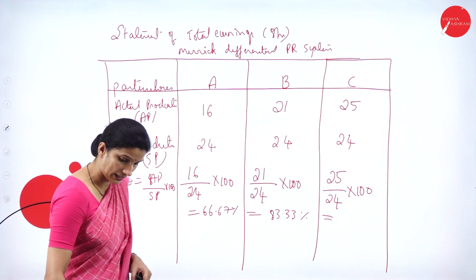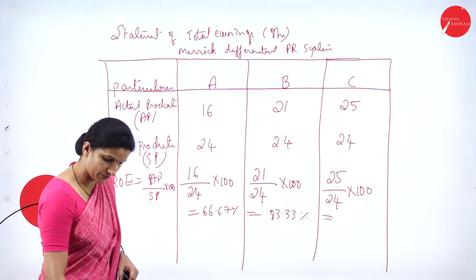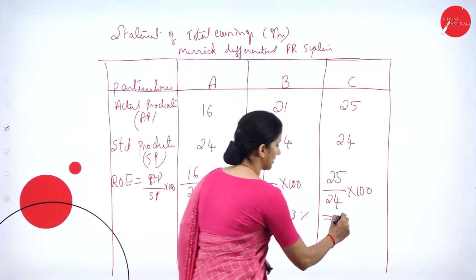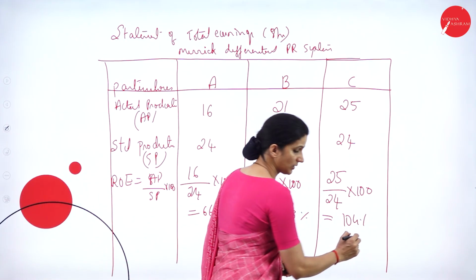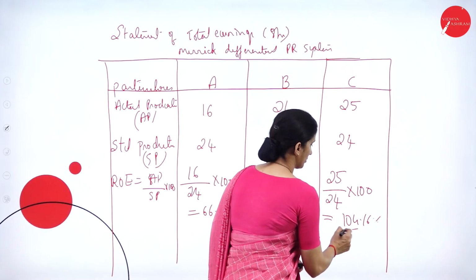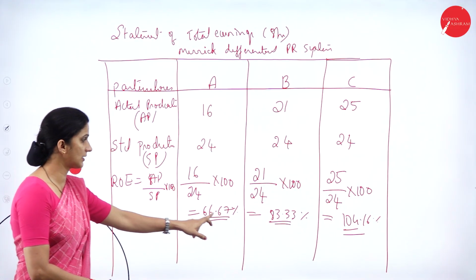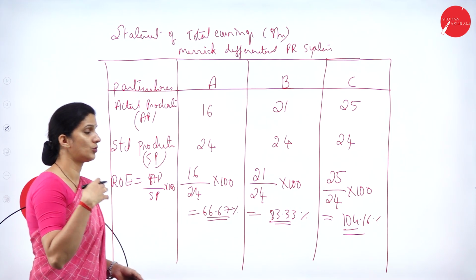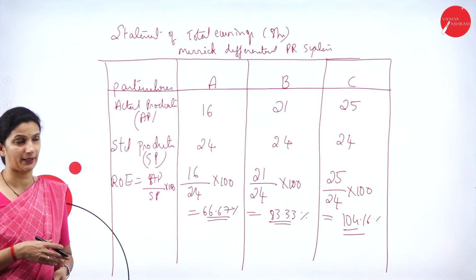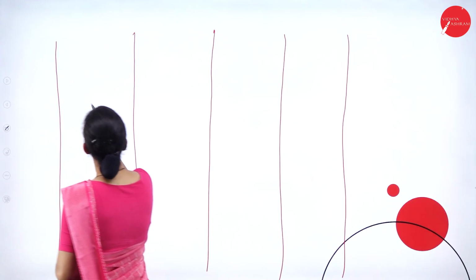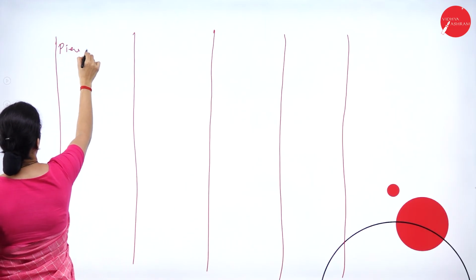And then for C, his actual production 25 divided by standard production 24 into 100, his rate of efficiency is 104.16%. So this is the rate of efficiency. By seeing the rate of efficiency, we need to apply which rate is applicable for them. So the continuation, piece rate applicable.